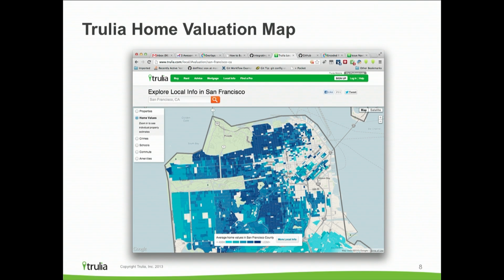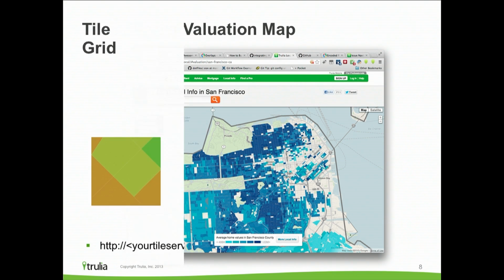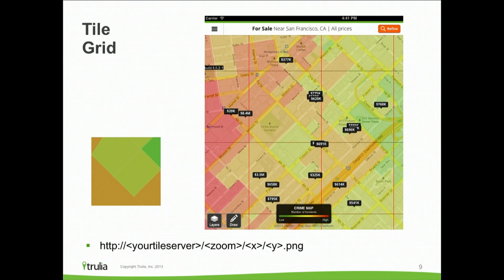So at Trulia, we have data on over 100 million homes. Our data scientists use machine learning algorithms to create models and visualization of home values down to the block level. So how do all these heat map tiles work? A heat map is implemented in a tile overlay.